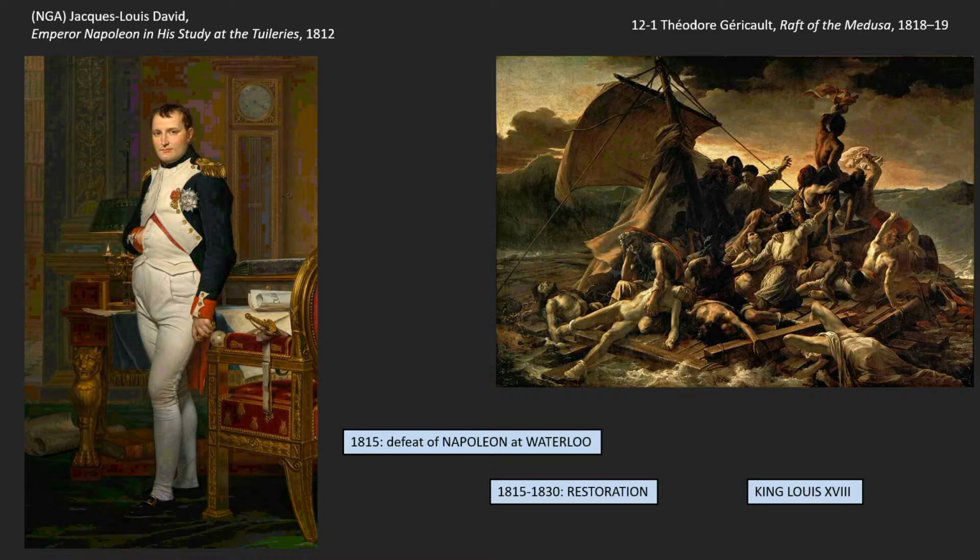And by doing so, there was this tragedy that Géricault was taking on in a monumental painting. It was intended as and taken as an anti-royalist statement.